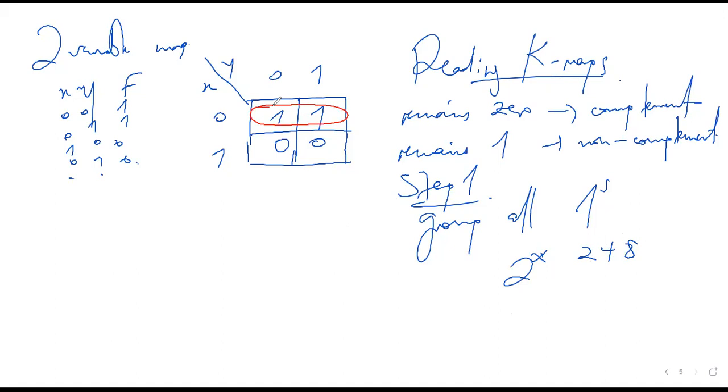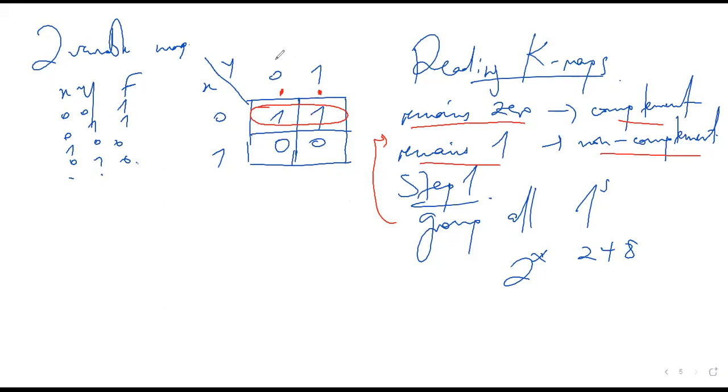Now, after grouping, you apply this: where it remains as 0, it is complemented; where it remains as 1, it is non-complemented. If we move from here to here, is the variable constant? Nope.